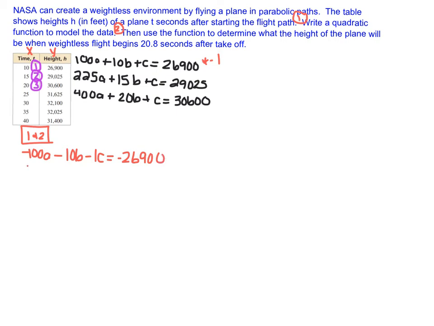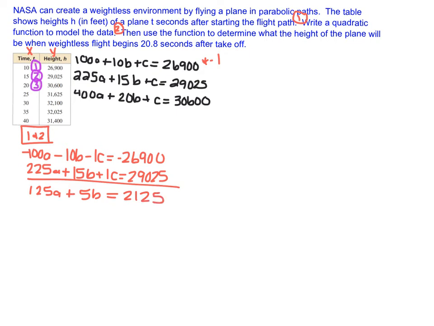And if I combine it with that second equation, I get 225A plus 15B plus 1C equals 29,025. So if I add straight down, I have 125A plus 5B. The C's cancel out, and those two numbers on the end combine to be 2,125. So here I have a new equation that eliminates C.